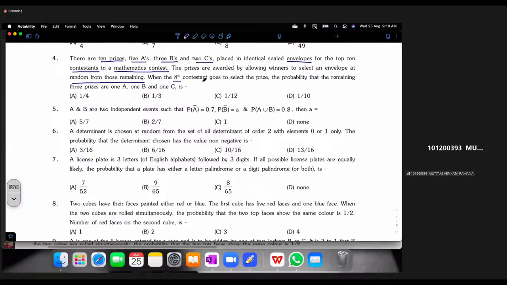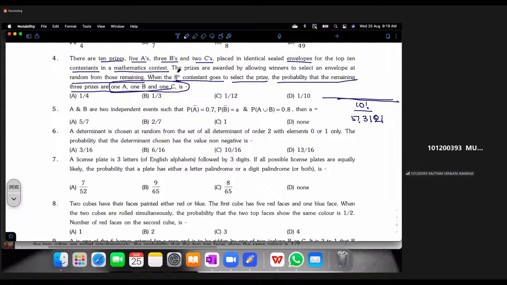When the 8th contestant goes to select the prize, the probability that the remaining 3 prizes are 1A, 1B, 1C is asked. So the total number of ways is 10 factorial by 5 factorial into 3 factorial into 2 factorial. This is the total number of ways.